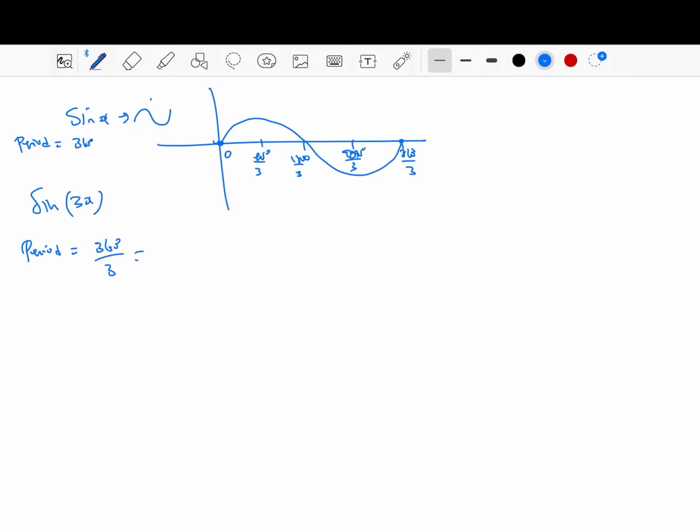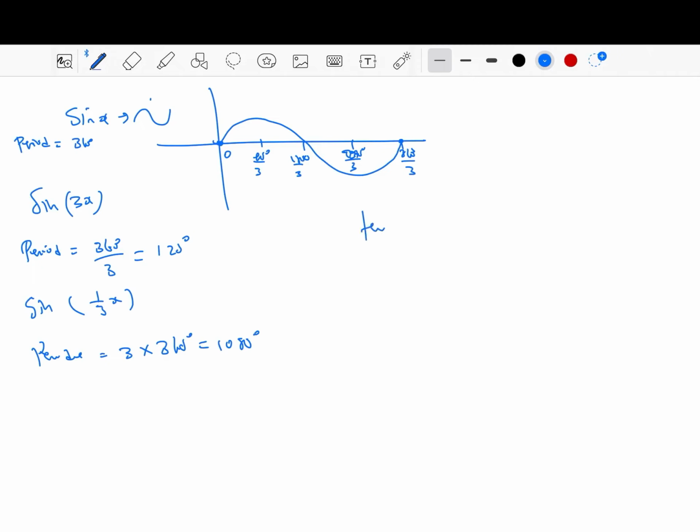The period will be 360 degrees divided by 3, you can punch that in the calculator if you want to, but it's going to be 120 degrees. Now, if you have sine of 1 over 3x, what is the period? In this case, if it's division, it's going to be multiplication, so it's going to be 3 times 360 degrees, which is 1080 degrees. So the period of sine of 1 over 3x is that.